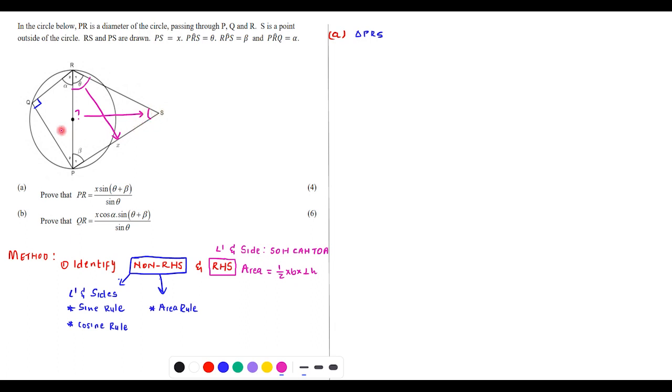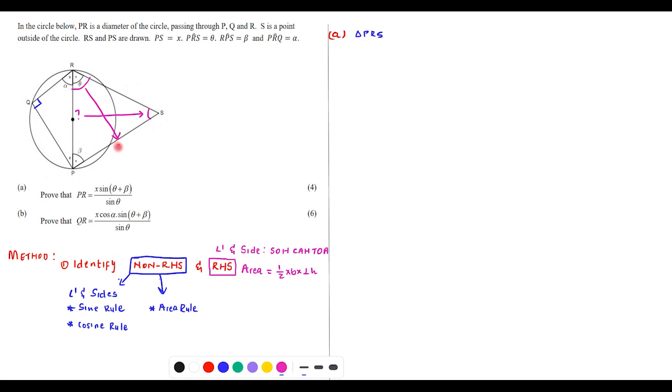By the looks of this, the only way I can find PR is if I apply a sine rule. The sine rule says, firstly, you must have a non-right angle triangle, which is PRS. Secondly, you must have an angle with a side facing it.